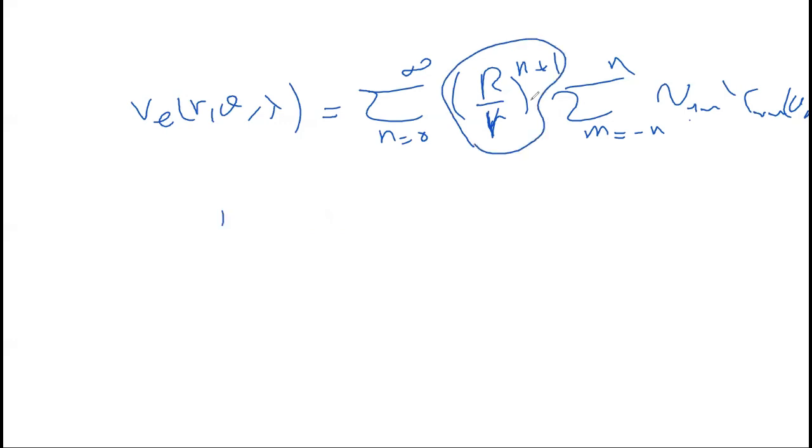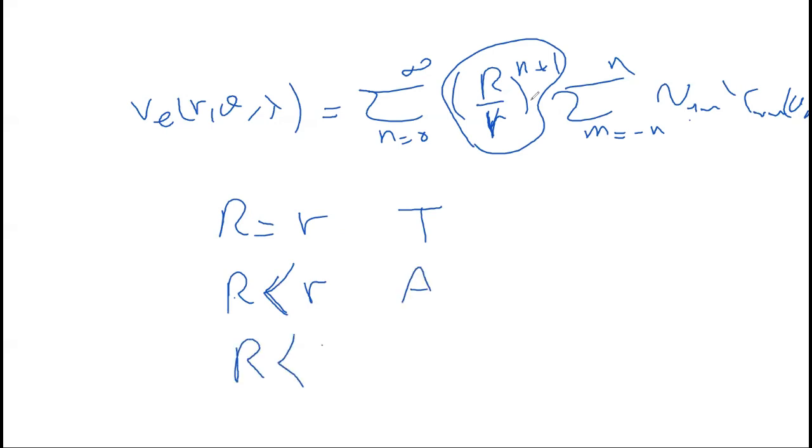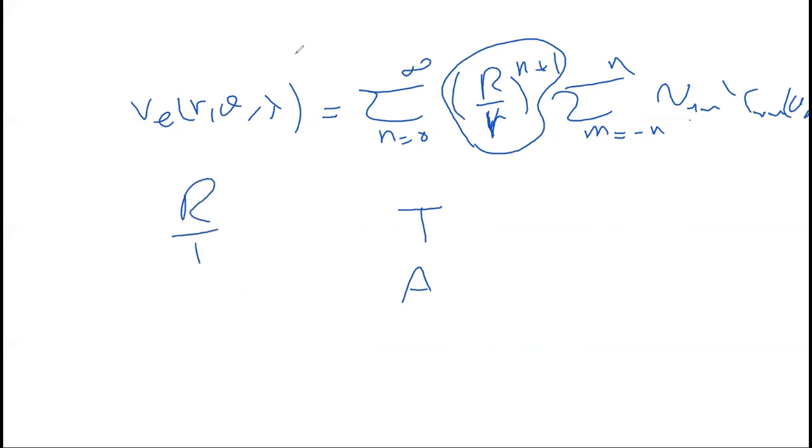For example, at the surface, for terrestrial data, they are equal. Of course, for airborne, R is smaller than R for terrestrial data. Let me write it in another way. I can write that at the surface it is almost 1.